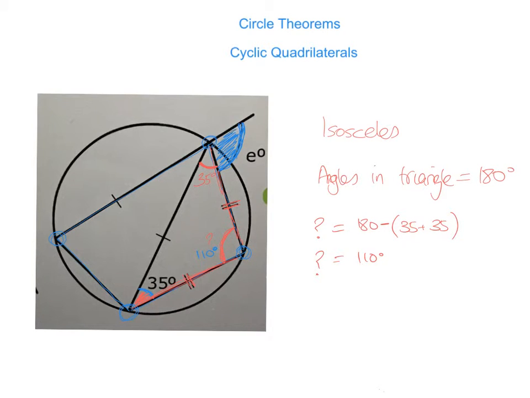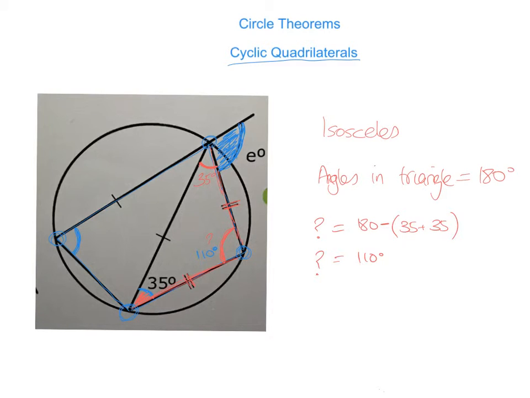Now, how does that help us find the angle we're looking for? We can work it out because we know that opposite angles in a cyclic quadrilateral add up to 180.